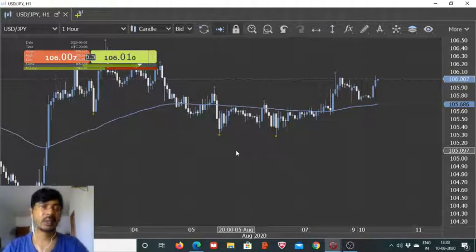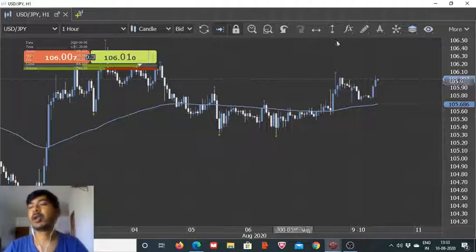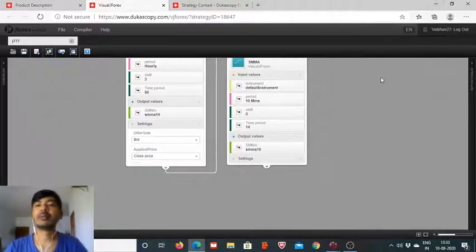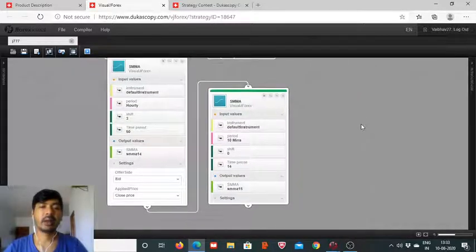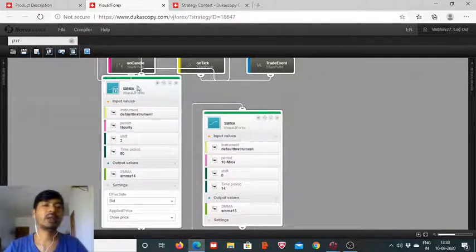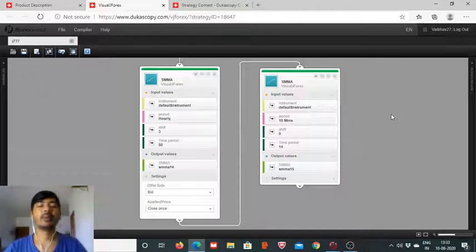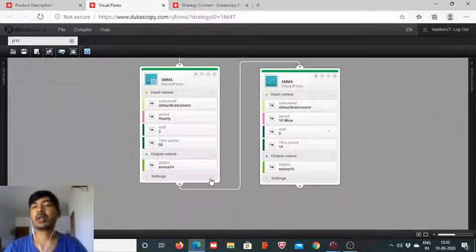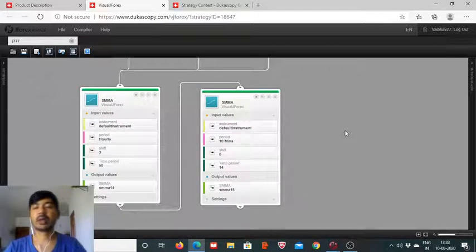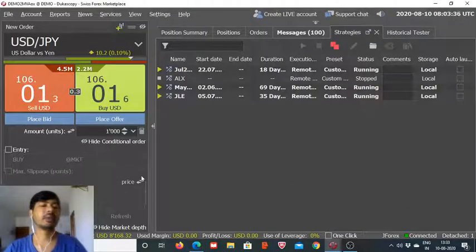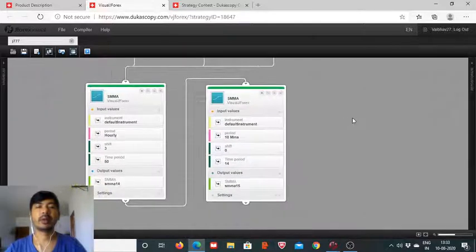So in multiple ways the SMMA can be employed in our quest to build an algorithm which is going to be profitable, and we can do that, not exactly easily, but with due effort and time you will be able to develop an algorithm which will be reliable, and then you can keep it running on the bank's platform, the JForex trading platform. So here I have a couple of experimental algorithms running, and these will work day and night, so you don't really need to be bothered day in day out.